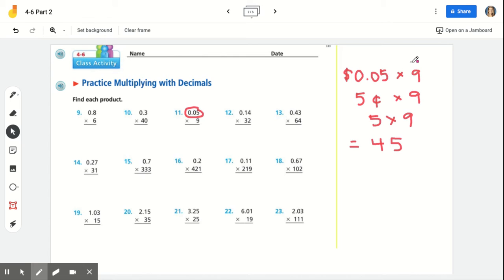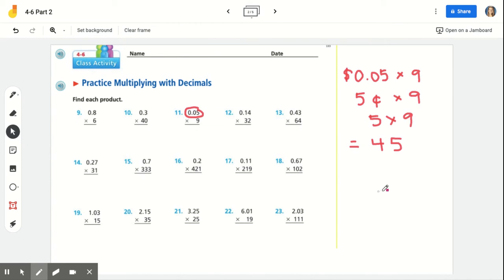Let's say you're buying 9 pencil erasers and they cost 5 cents each, and you bring it up to the cashier. What is your total amount going to be? Would it cost $45? I hope not. If you accepted that as your answer, you would be losing out on a lot of money. So this is incorrect, but we're going to make it correct.